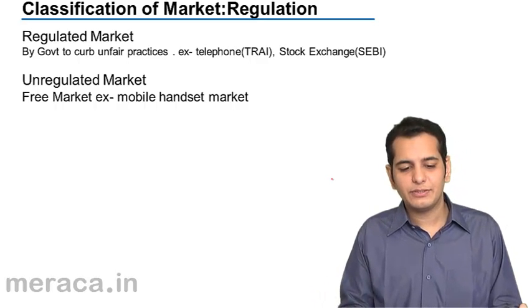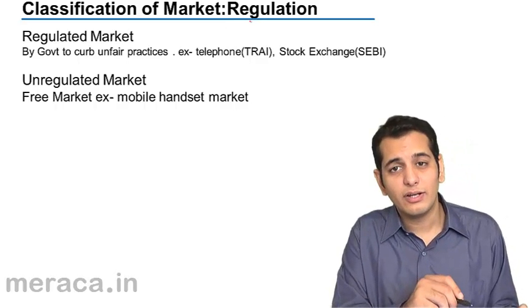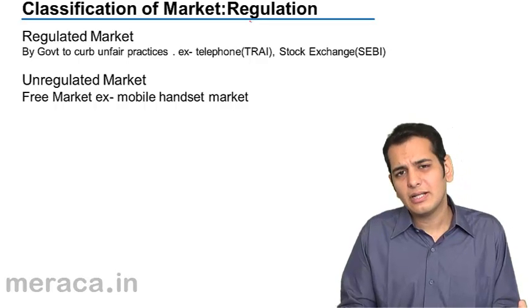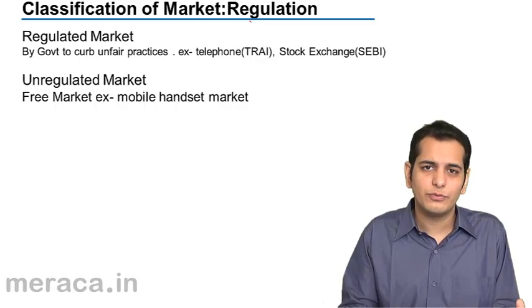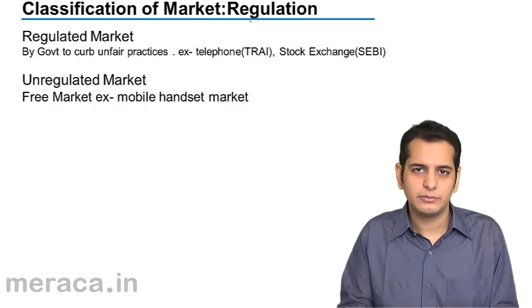The next classification is classification of markets on the basis of regulations. Now, how can we classify the markets on the basis of regulations? It's in terms of, does that market have a regulatory body?